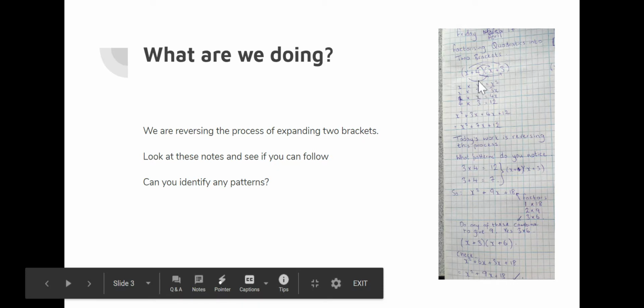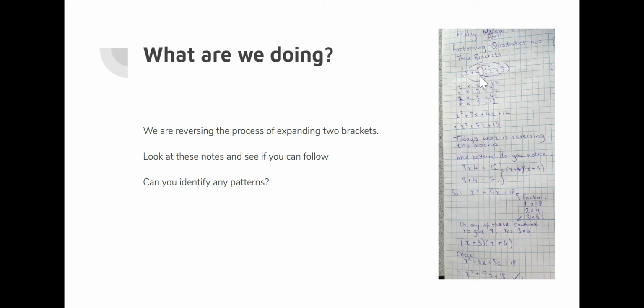So what we did before Easter was we would have something like this: x plus 4 in brackets and x plus 3, and we've expanded this. You might remember it's called FOIL, F for first, O for outers, I for inners, and L for last.